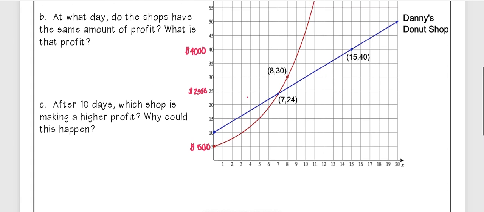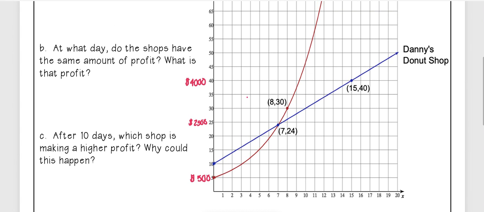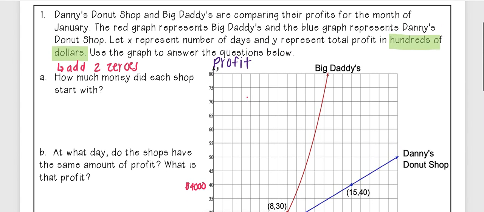So when you get a problem like this, it's really important to look to see if it says that. This one said in hundreds, so I need to add 2 zeros. If it said in thousands of dollars, I would need to add 3 zeros, so the 65 would actually be 65,000. So always watch out for that.